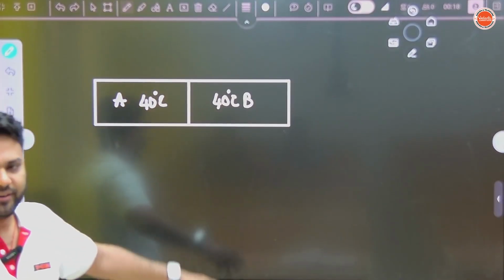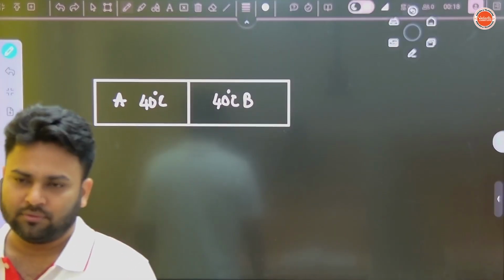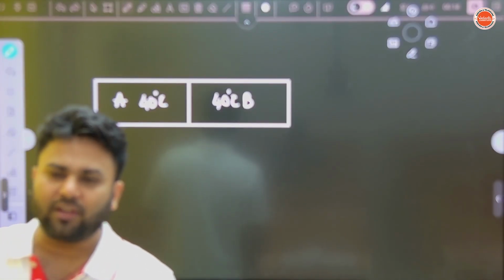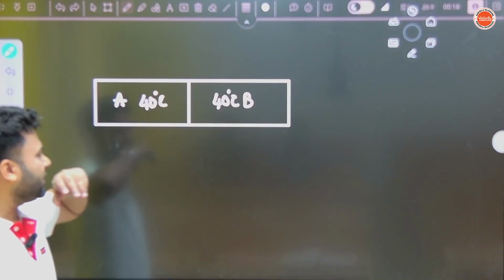Otherwise, if the temperatures are different, they won't be in thermal equilibrium, because heat will flow and their temperature will change. So right now they are in thermal equilibrium.